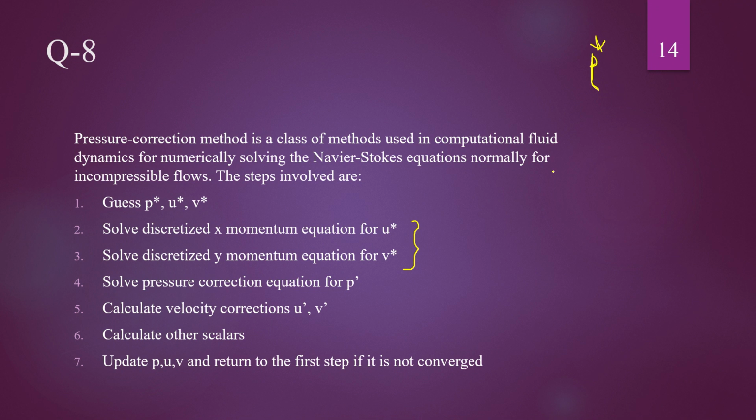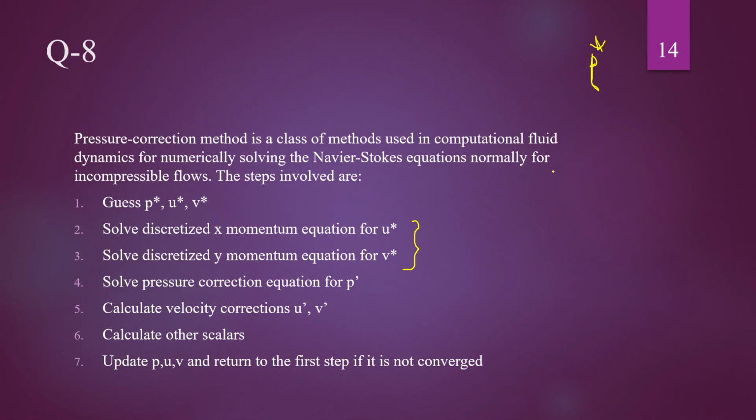Therefore, what we should do is find a pressure correction term. This would be based on some assumptions and calculated, and it would be used to correct the pressure back to the original pressure, and similarly used to obtain the velocity corrections for U star and V star.